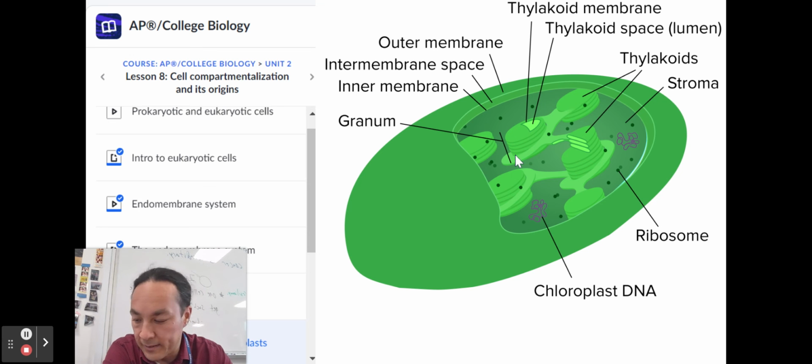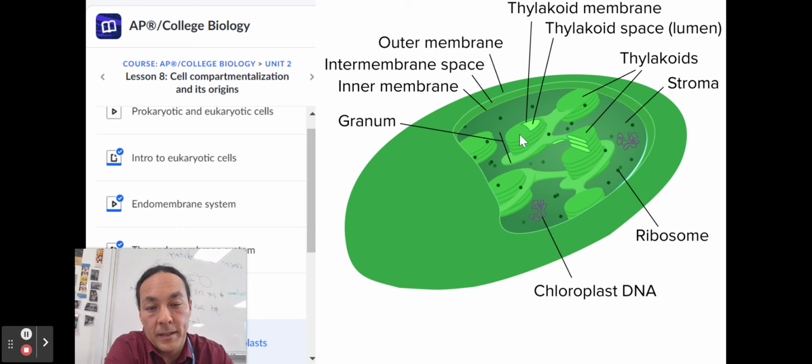A stack of them is called a granum, and multiple granums would be grana. So granums is not correct. Grana is multiple granum.